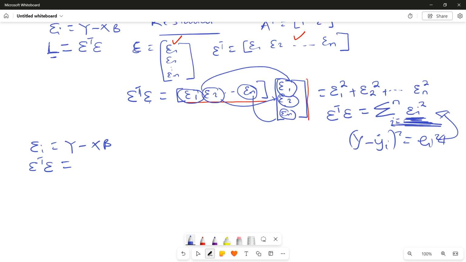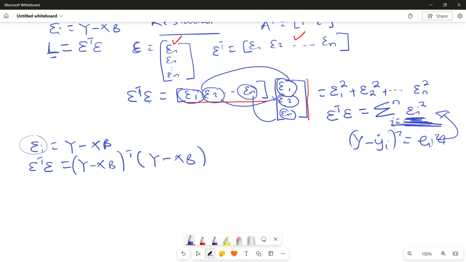This then means that our e transpose is going to be y minus xb, transposed, represented by T, multiplied by the actual y minus xb. So if e is equal to y minus xb, then if we want to square these residuals, we have to get the transpose of e and multiply it by the original e.